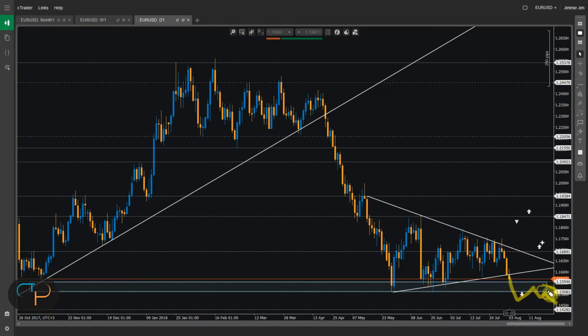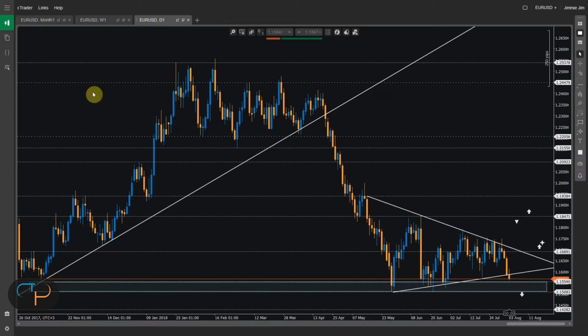So I'll be looking for any bearish pattern that confirms this 1.1508 or 1.1500 as resistance. So this is a selling opportunity.